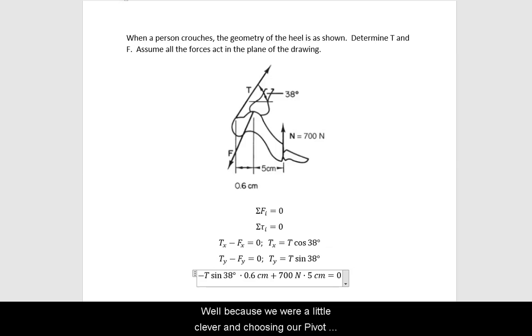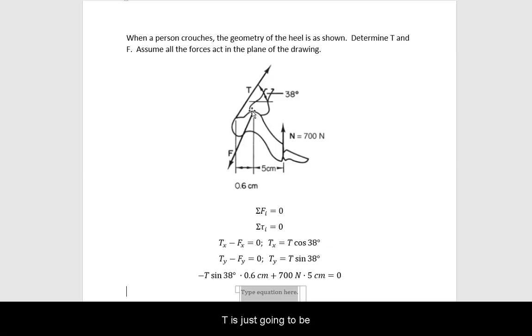Well, because we were a little clever in choosing our pivot point to be at one of our unknowns, namely the force F, we have this equation that tells us everything we need to know to find T, and we don't have to do any more work. So T is just going to be 700 newtons times 5 divided by 0.6. The centimeters cancel out.